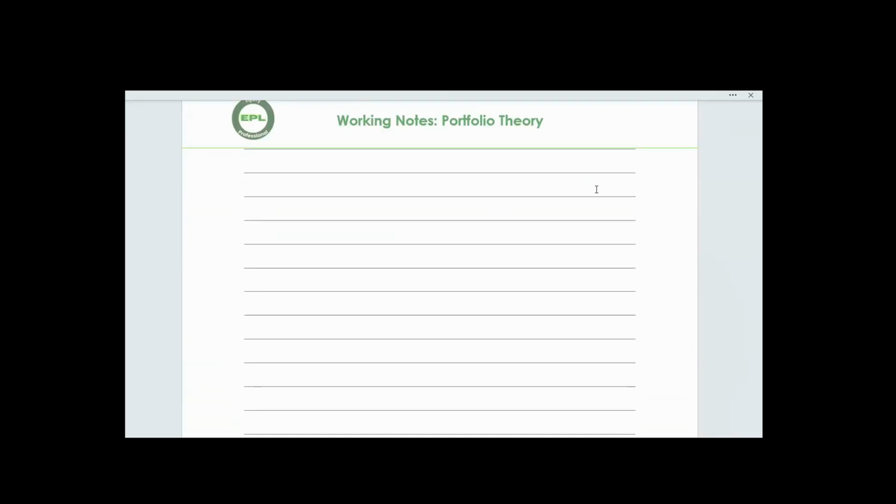Now, the examiner can ask you, how do you minimize portfolio risk? This is an examinable area. How to minimize portfolio risk.